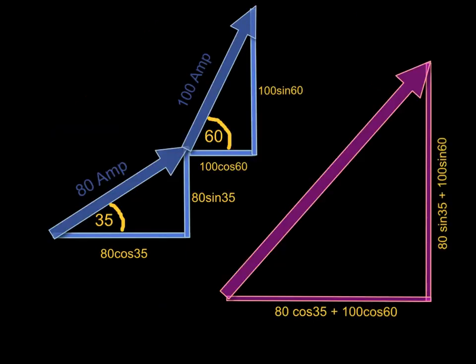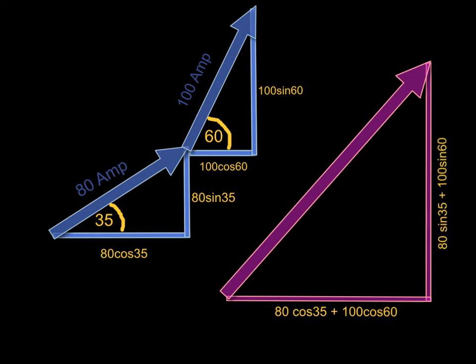So returning now to the example where we are adding two vectors to obtain a resultant vector. We'll look at this case of an 80 amp vector with a direction of 35 degrees from the horizontal, and a 100 amp vector at a direction 60 degrees from the horizontal.